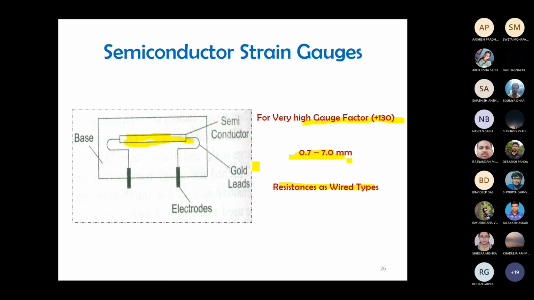And here you are using some gold lead. Why gold lead? So that unnecessary power is not lost, that's why you add some gold lead. It has very low initial power consumption.